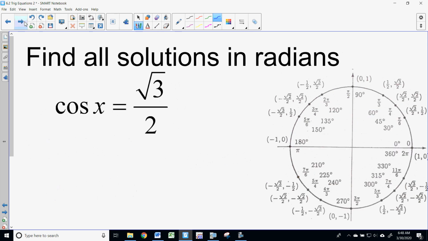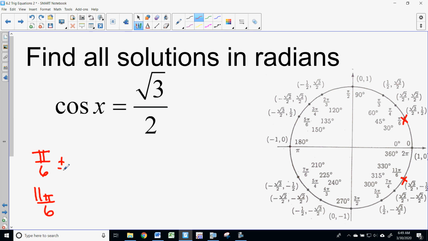Now, what happens if we change this to radians? If we change this to radians, all that's going to change is, one, our first two answers. So cosine is square root of 3 over 2. That's going to be 30 and 330, but we're in radians. So we have pi over 6 and 11 pi over 6.